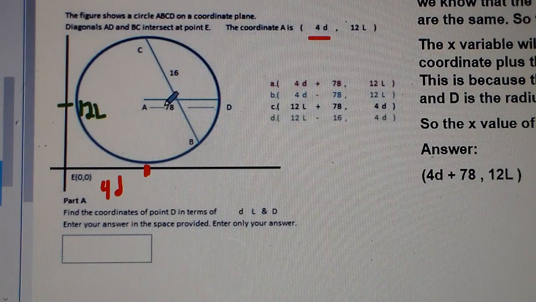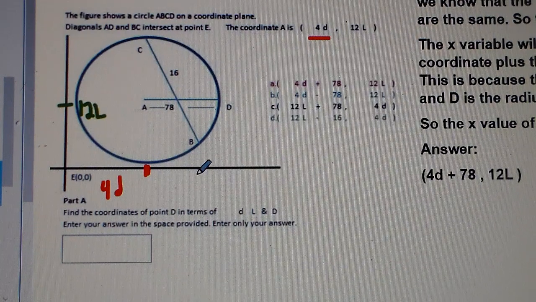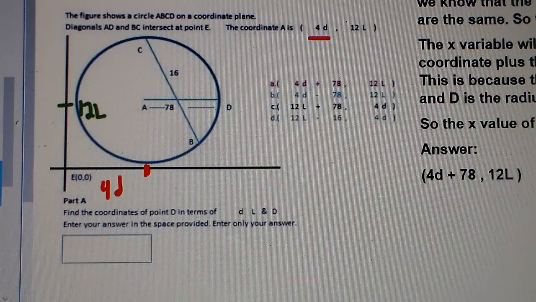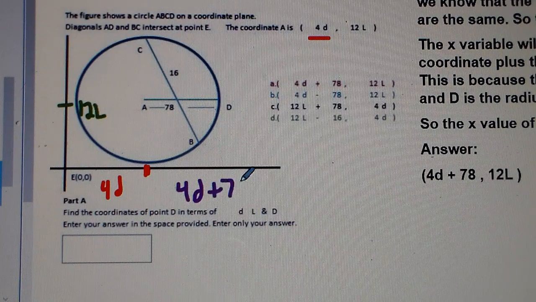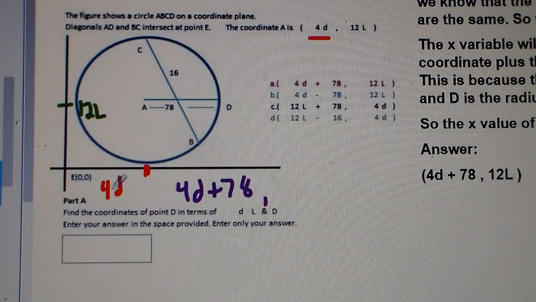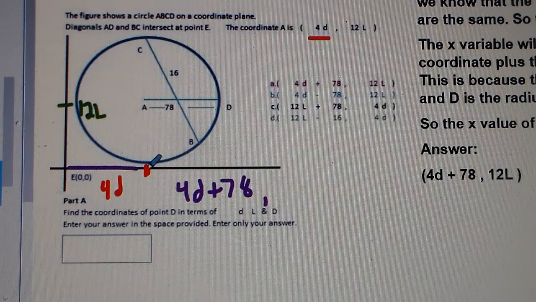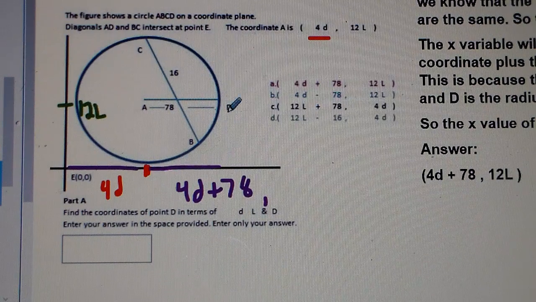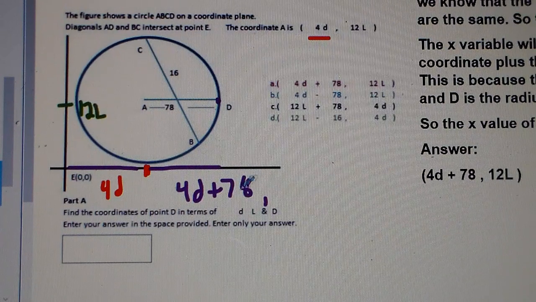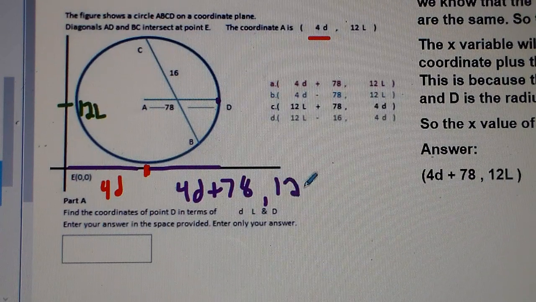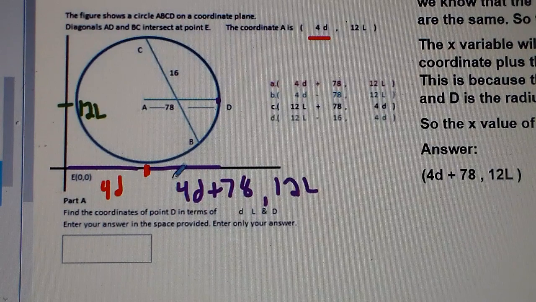So D is going to be the radius plus the 4D. So 4D plus 78. So this 4D length plus the 78 length will get us the x length of D, plus the height, which is 12L. And that'll be our answer for D.